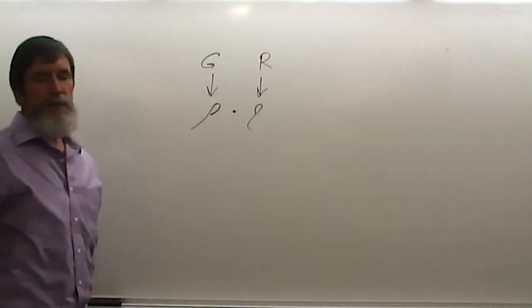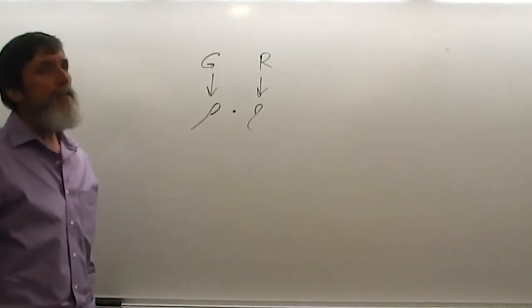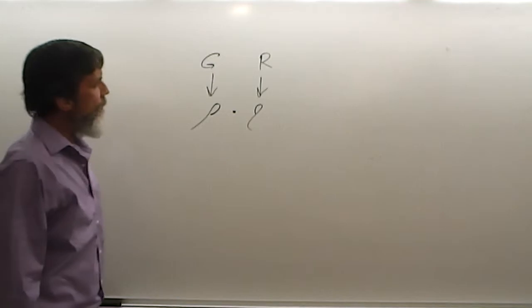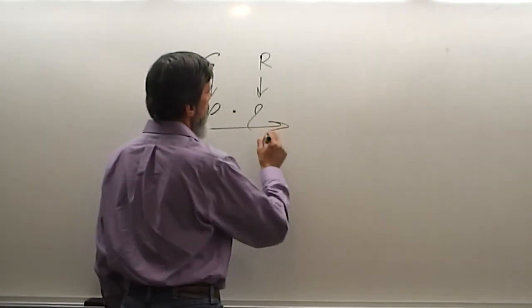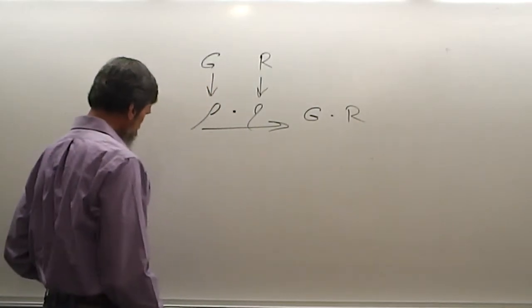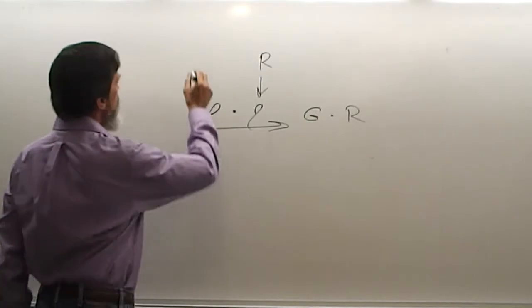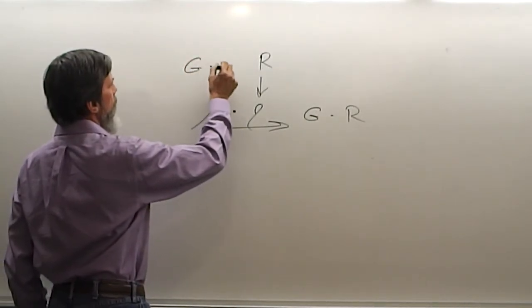We can substitute the simple statement G for the variable P, and the simple statement R for the variable Q. That would generate, of course, G dot R. Still, a compound statement can be substituted for a variable.